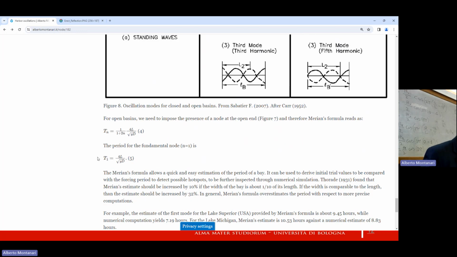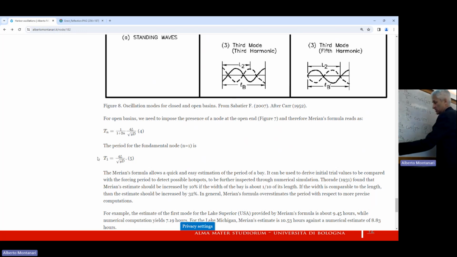So, if L is the length of your Harbour, you take 4 times the length of the Harbour. You divide it by the square root of the product of gravity by the depth, and you get the fundamental period of the Harbour. Okay, let me write it on the board.